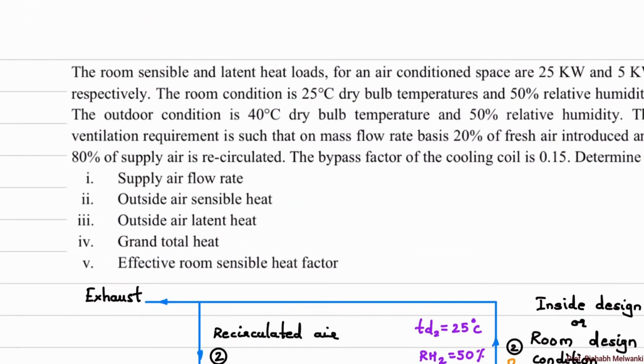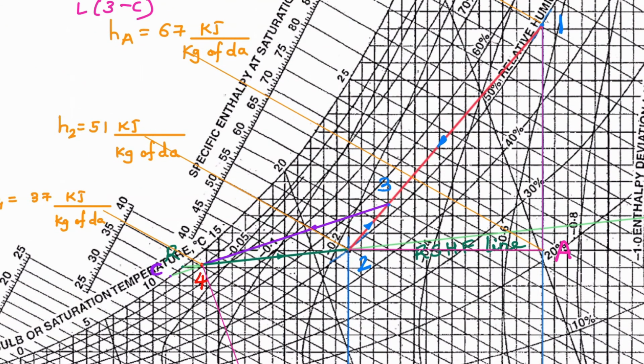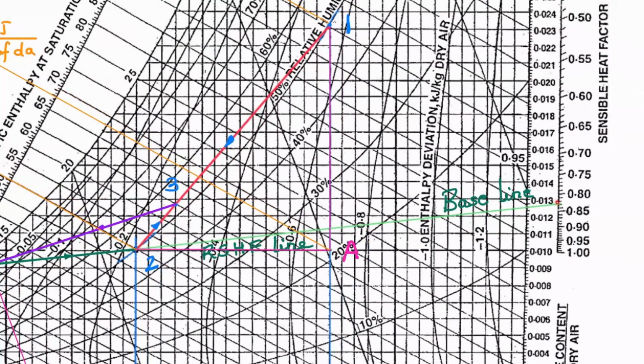Now what was the procedure which we followed on the psychrometric chart? Plot point 1, then point 2, then using mixing proportion we got point 3. Then we marked RSHF and the alignment circle is there.